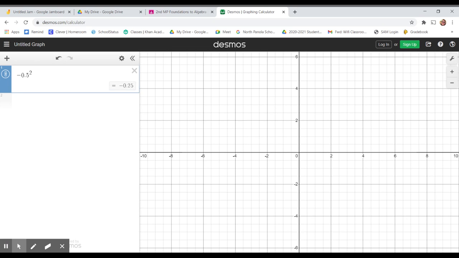Plus negative 0.5 times 4 is going to give me negative 2 minus 24 equals, okay, 4 times 0.25 is going to give me 1, so 1 minus 2 minus 24, and 1 minus 2 minus 24 is negative 25, and so my answer is going to be negative 0.5 and negative 25, okay, that's it.